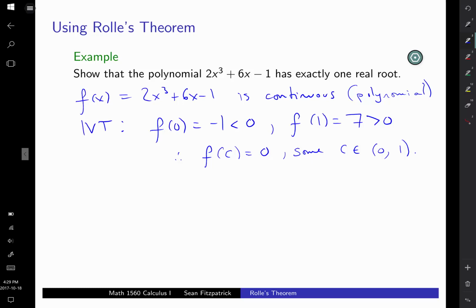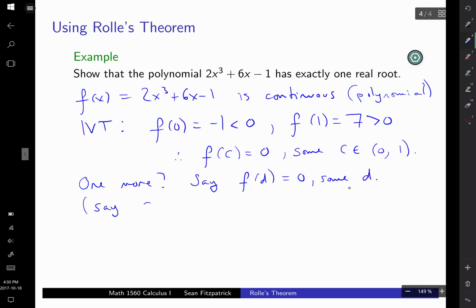How do we know that there can't be one more? Could there be one more? Well, let's say f of d equals 0 for some d. And let's say that c is smaller than d.